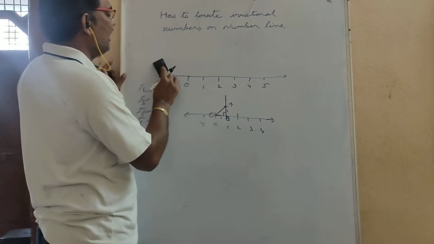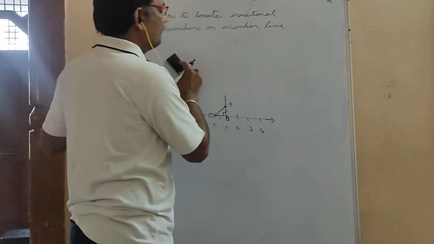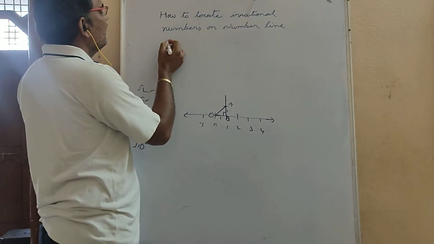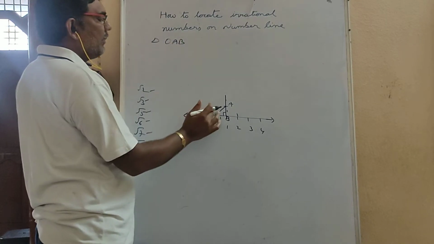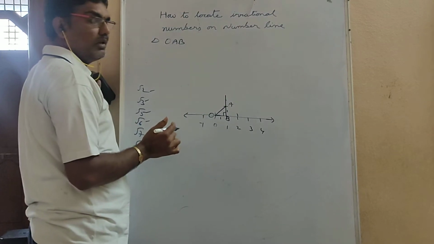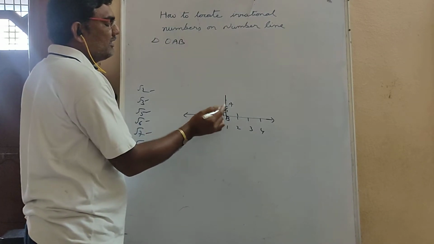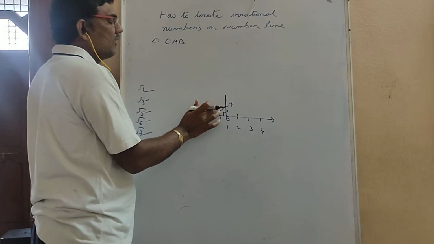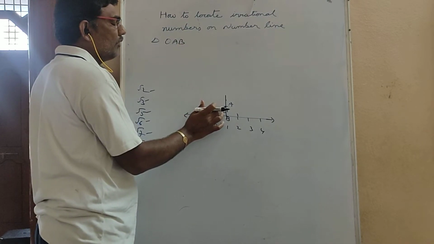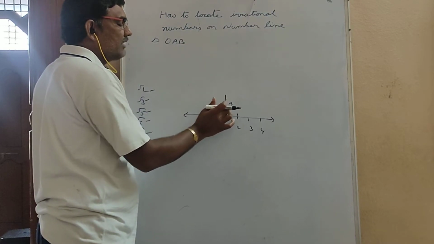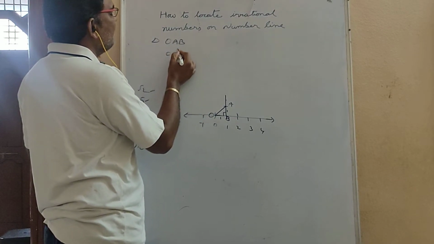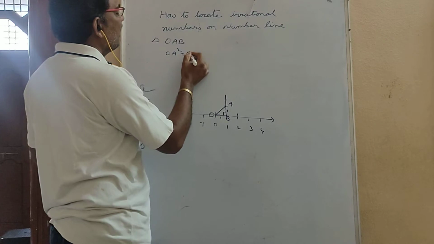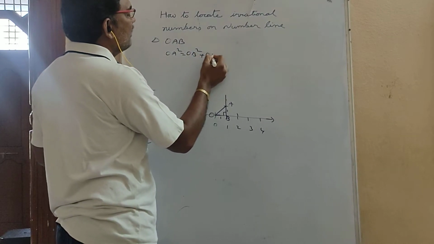OAB is a right angle triangle. If OAB is a right angle triangle, you can apply the Pythagoras theorem. The Pythagoras theorem says that the square of the hypotenuse is equal to the sum of squares of the other two sides. So OA square is equal to OB square plus AB square.